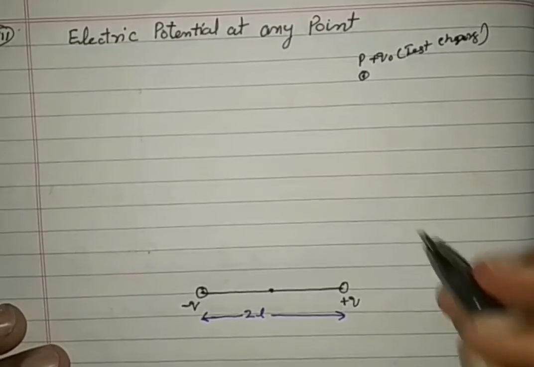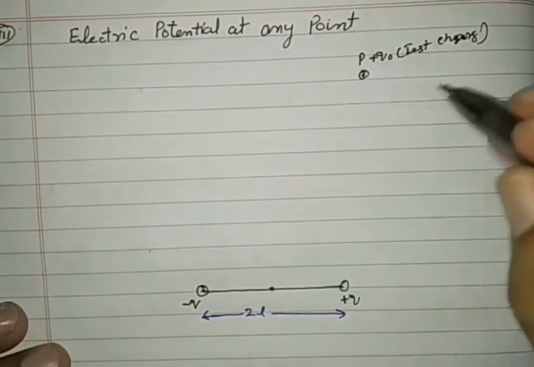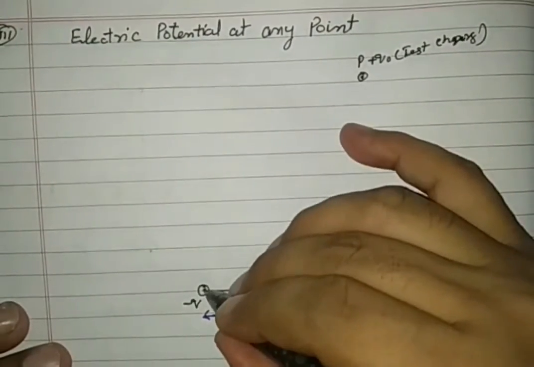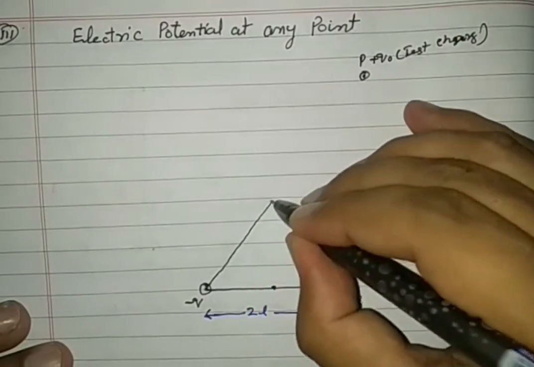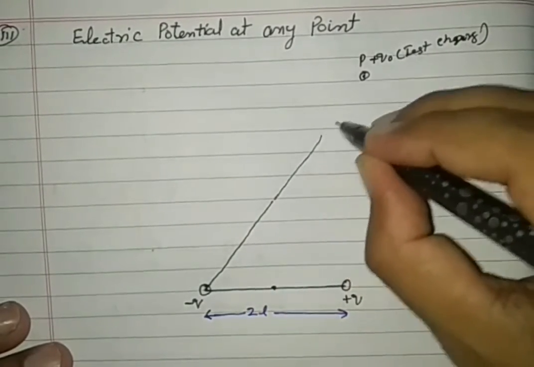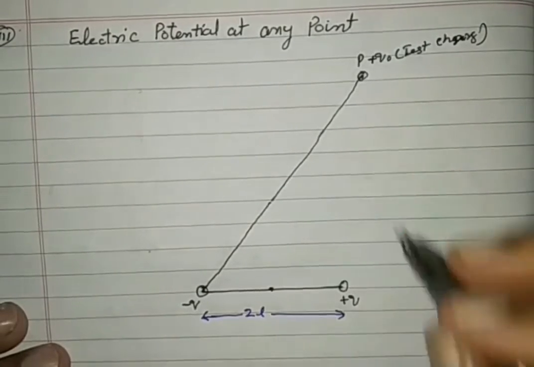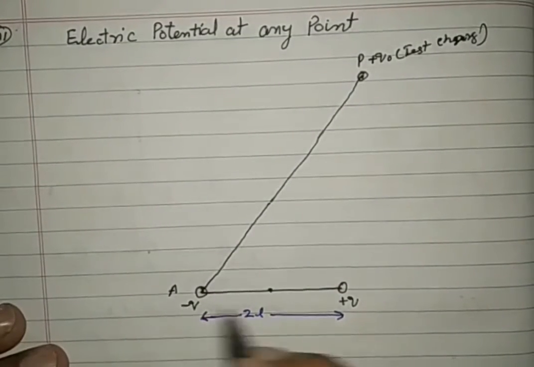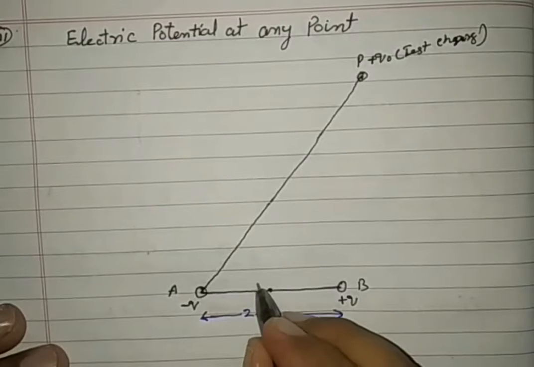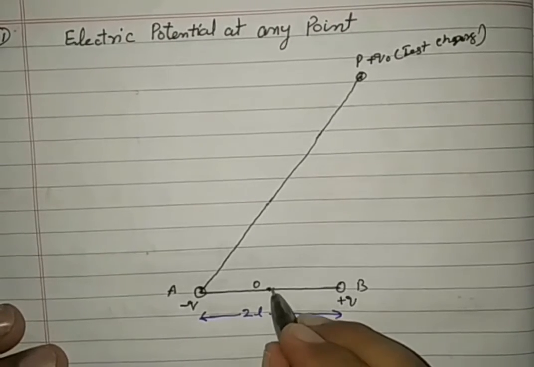Now, what is my aim? We are joining these two points here. Let this point be A and this point be B, and the midpoint of it here be O.